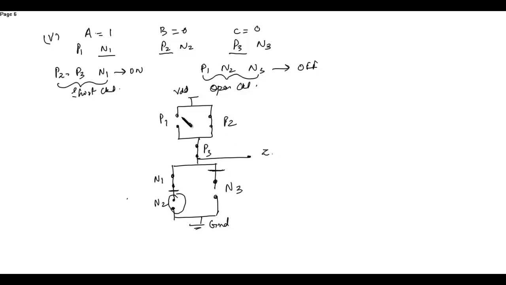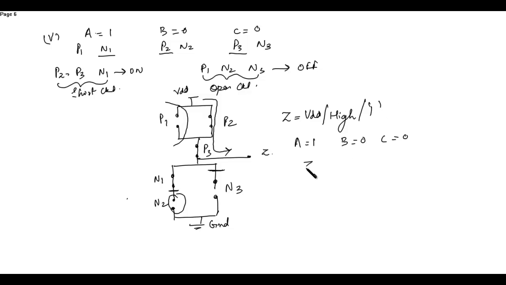Here in the PMOS, this is in parallel, so this short circuit, this open circuit will not affect. So here it is short circuited, this is short circuited, so the obtained output will be high voltage. So Z is either VDD, or you can say this as high voltage or 1. So when A is equal to 1, B is equal to 0, C is equal to 0, the obtained output will be 1. Now let's see the next case.